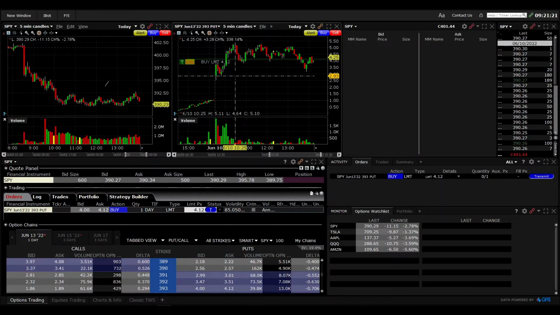So in this scenario, it would have made sense for me to choose the at the money strikes because they are liquid enough, they have enough volume, and they're going to be just as volatile as if I were to choose out of the money and choose the 390 puts, which would be my target for the day. So not only are they good volume, but as you can see, the delta is actually greater on them. So they're moving 70 cents per every dollar per share that the SPY moves.